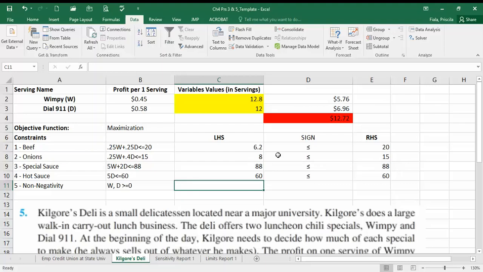But see how we use up everything for special sauce and for hot sauce. So just by looking here, if I would ask you which ones are binding, you could say constraint 3 and 4 because we have used up all the amounts, the ounces or whatever they're using in the problem right here. Okay, so again, 12.8, 12, and then the value 12.72.